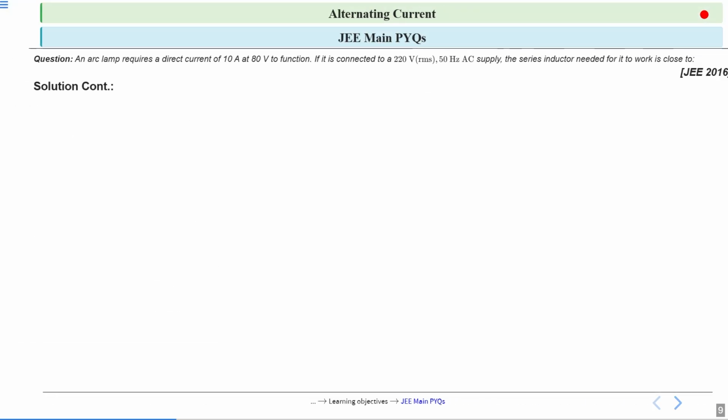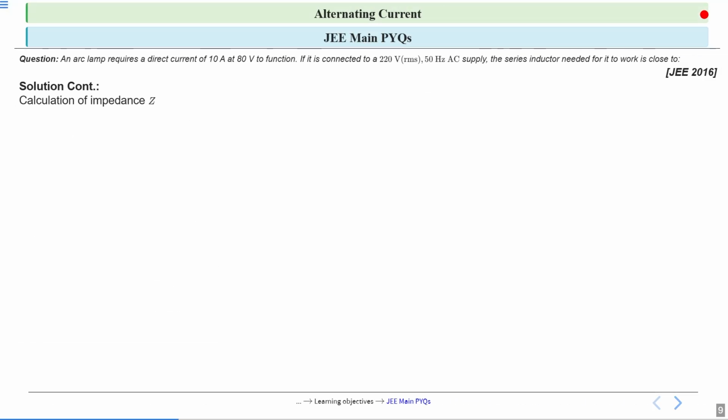Now we will find Z. How can we find the impedance Z? I_RMS is given by V_RMS upon Z. V_RMS is given in the question, which is 220 volt. We put the condition at the very first place that I_RMS should be equal to the DC current, so that the arc lamp will work similarly as in the case of DC current.